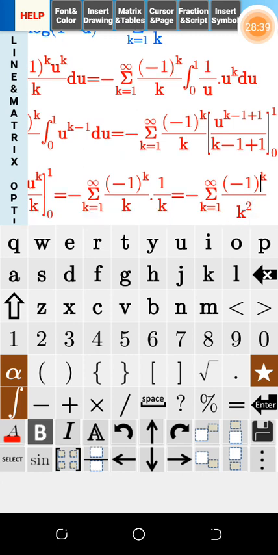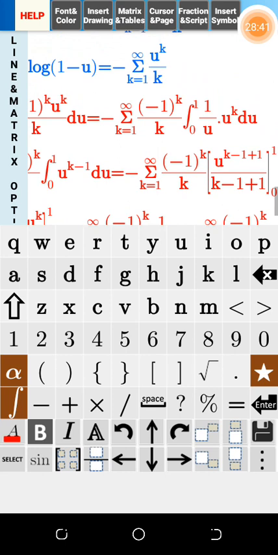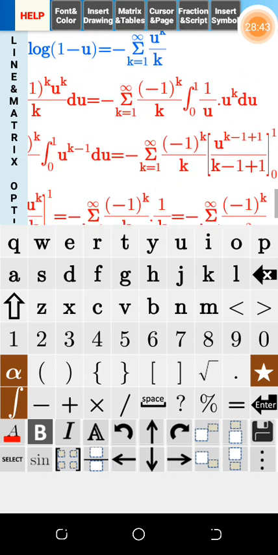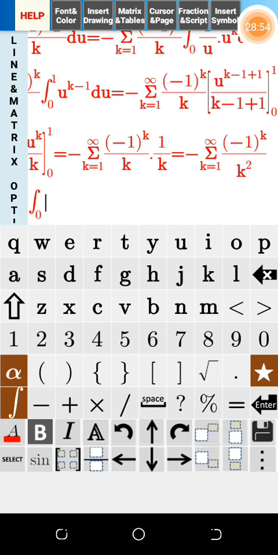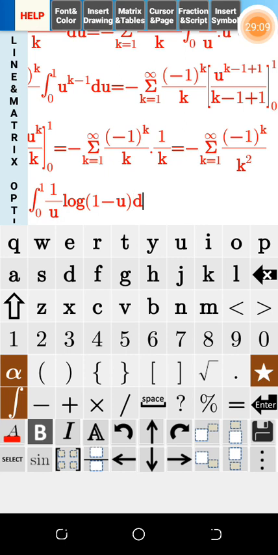So let's do the second one. The integral starting from 0 to 1 of log(1 minus u). Don't forget to put your 1 over u there, du.